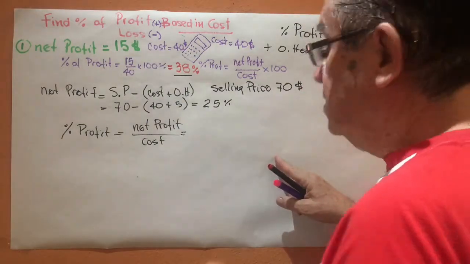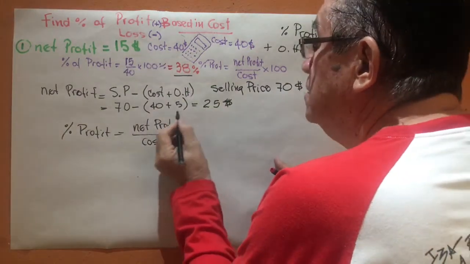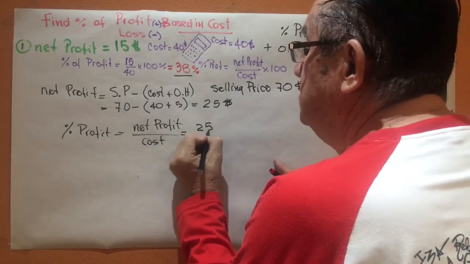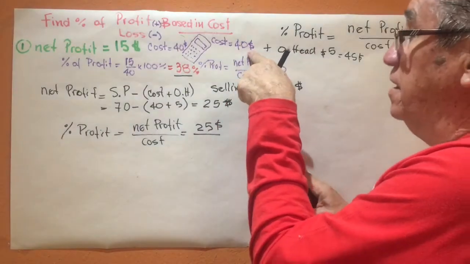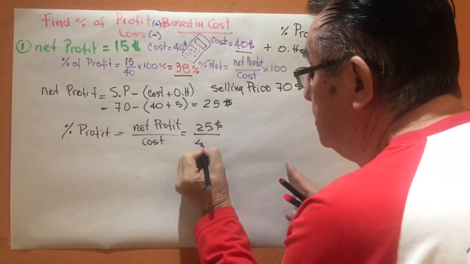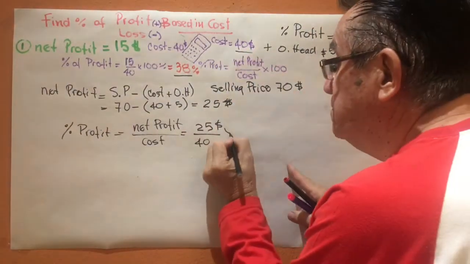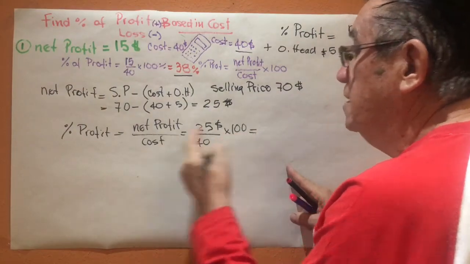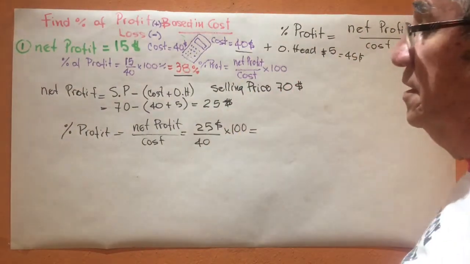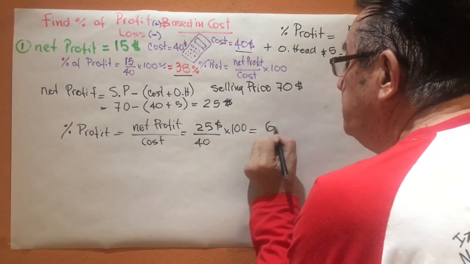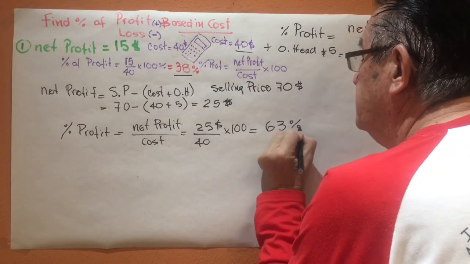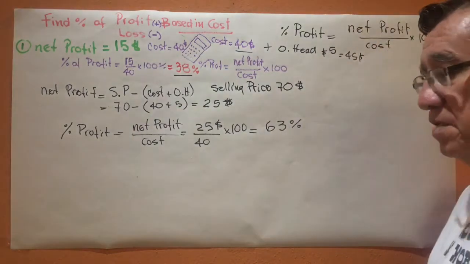In this case it is dollars. $25 was my net profit and my cost was 40, times 100, which gives me my percentage of net profit. If I do all these calculations, my percentage of profit came to 63%.